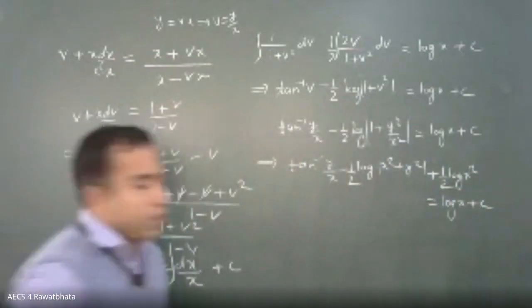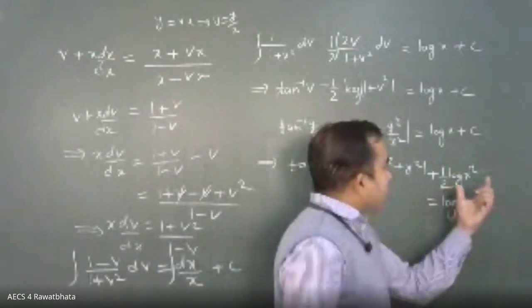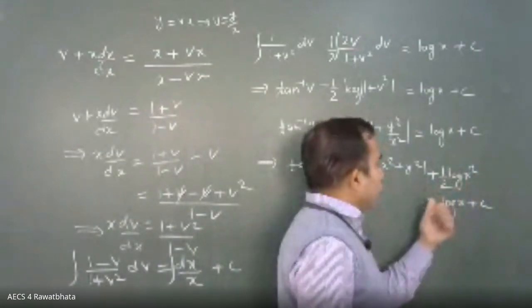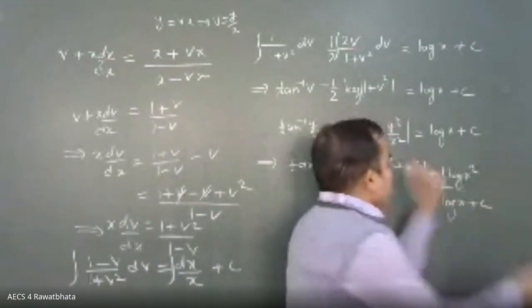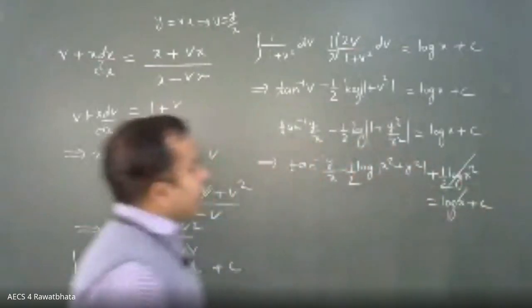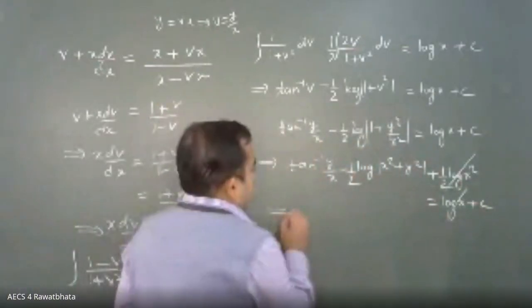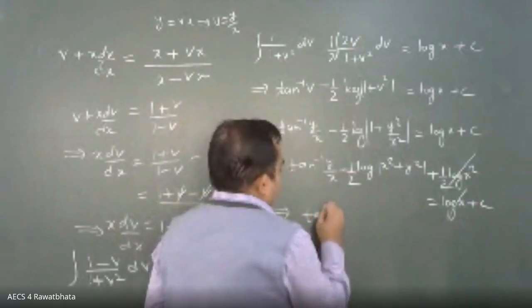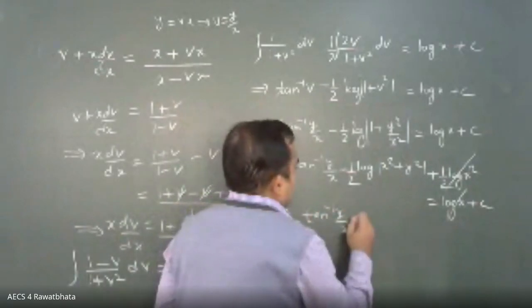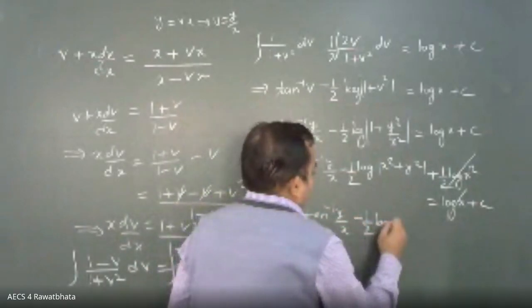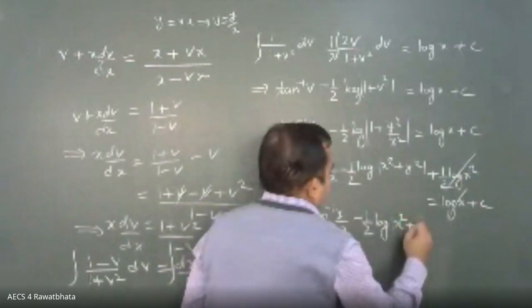Right, and very easily you can see that half log x square, if you bring the 2 here, 2 upon 2 cancels, it's nothing but log x. So this log x gets cancelled with the right hand side log x, and here I receive my final answer, which is tan inverse y upon x minus half log x square plus y square.